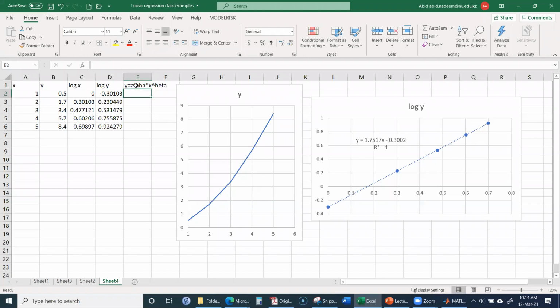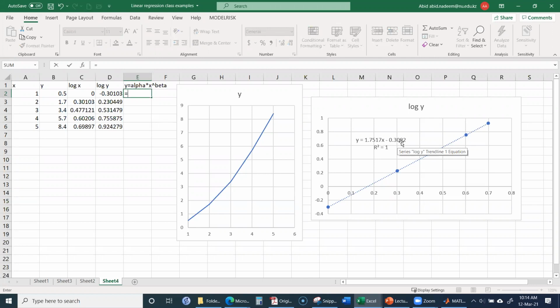This is the formula. Y is equal to alpha times x power beta. So what is alpha? Is it 0.3 or 1.75?